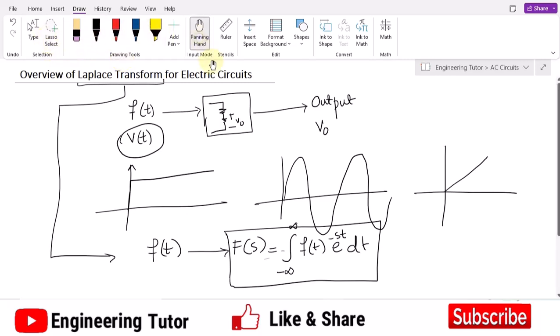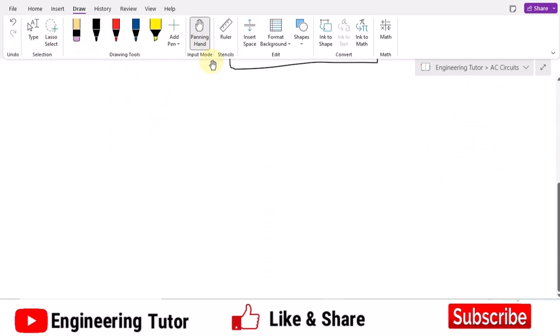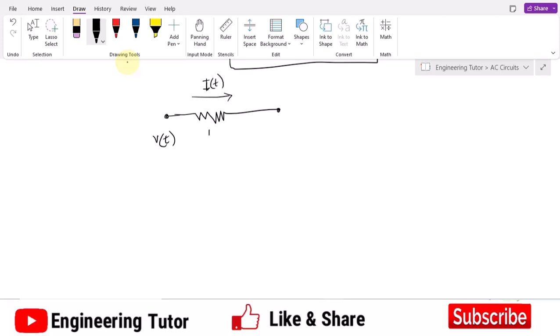So in order to transform it, what do we have to do? Suppose I have a resistor here. In any circuit we have a resistor here, and across it we have V of t, and the current it has is I of t, and the value it has is R. So in order to convert it into the Laplace transform, we have the formula for it, and that is Ohm's law.